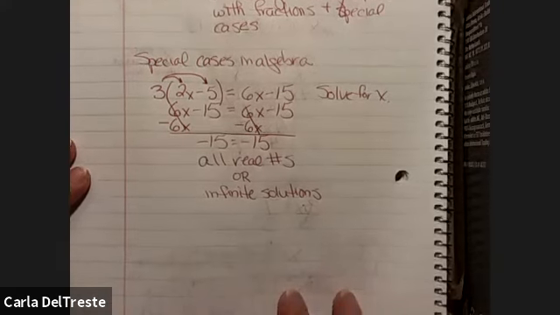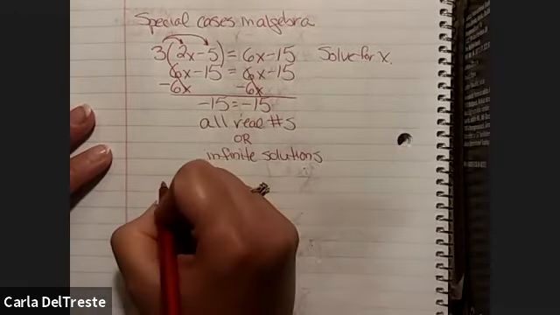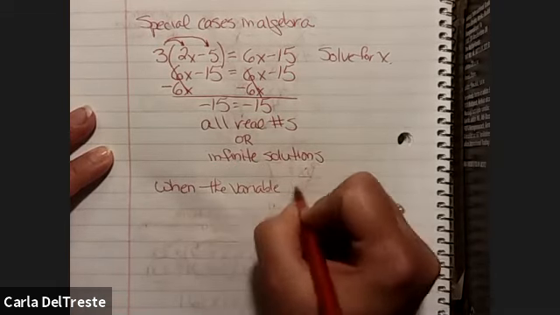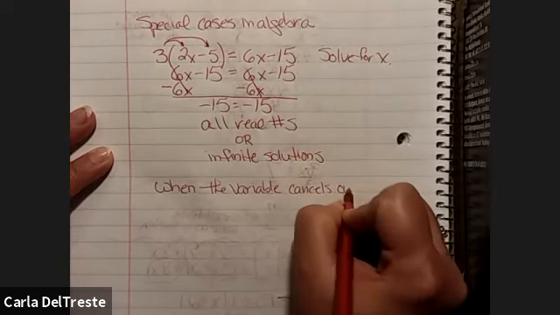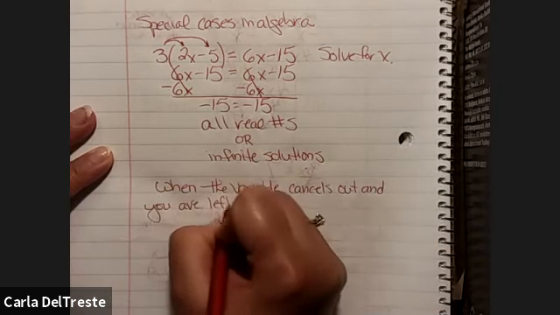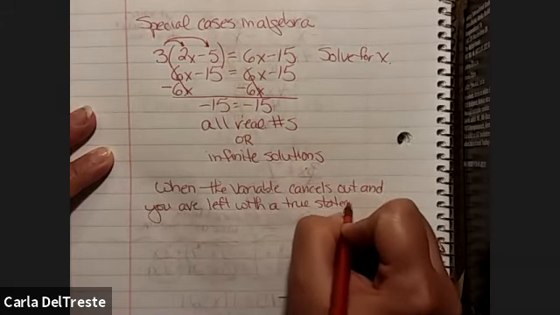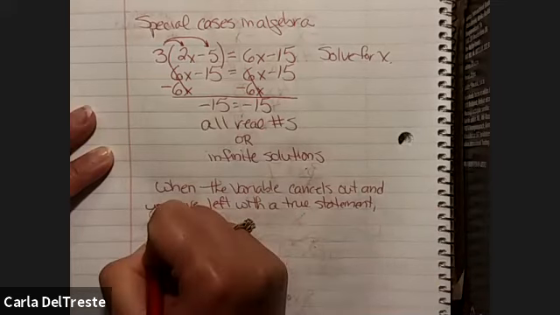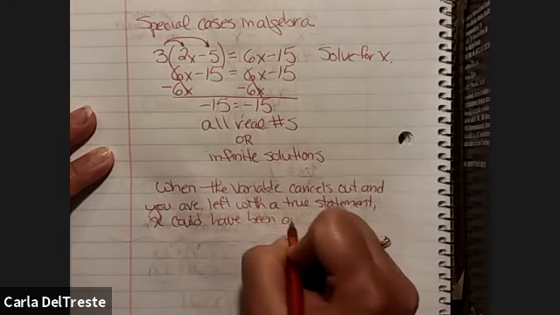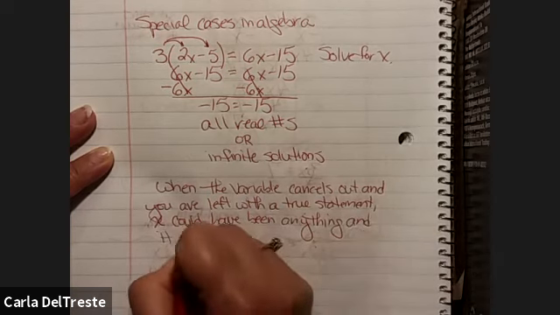Your word choice is really up to you, okay? But you're going to pick one or the other. Okay, why is that? Let's put this in words. When the variable cancels out and you are left with a true statement, x could have been anything and it would still be true.